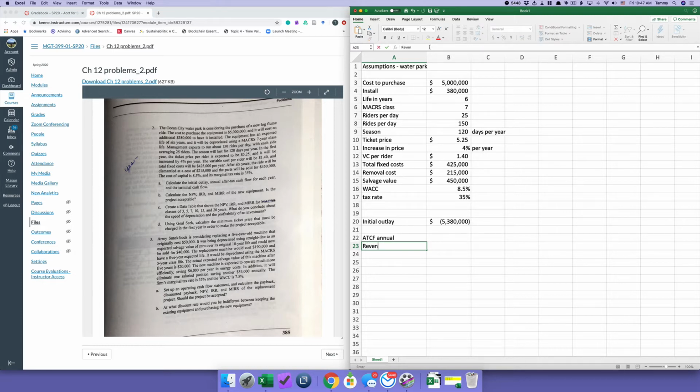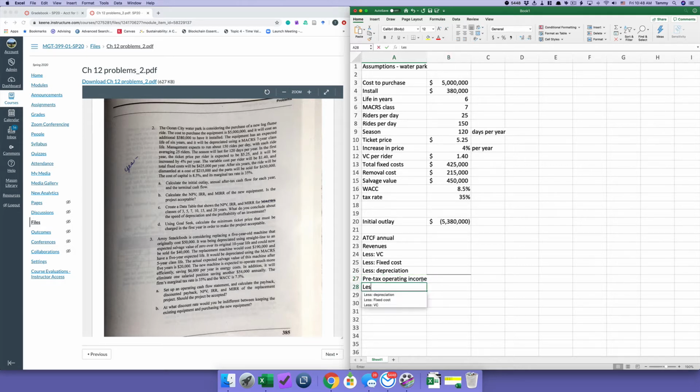So revenues, and what I'm going to do, as usual, is set up the left-hand side before calculating things. So less variable costs, and then subtract fixed costs, and then subtract depreciation. And this gives us, let's make a line underneath this one over here. So that gives us pre-tax operating income.